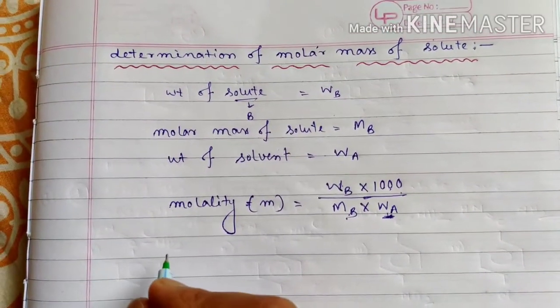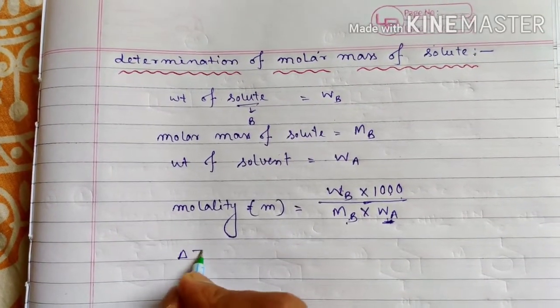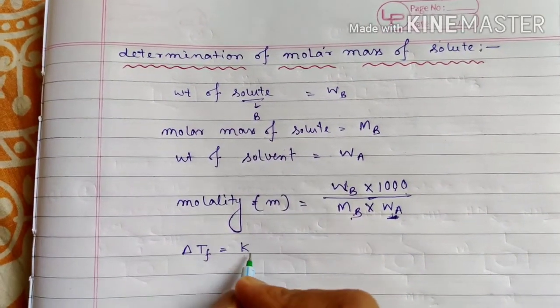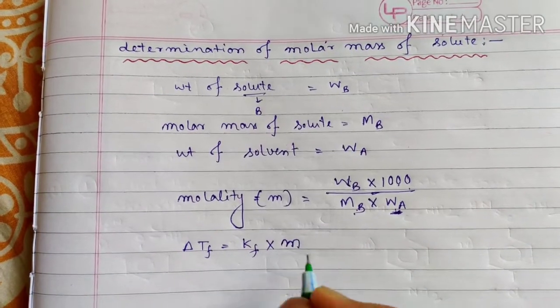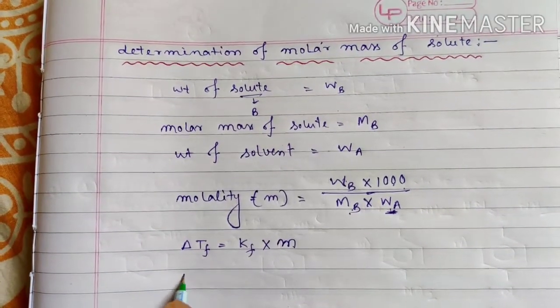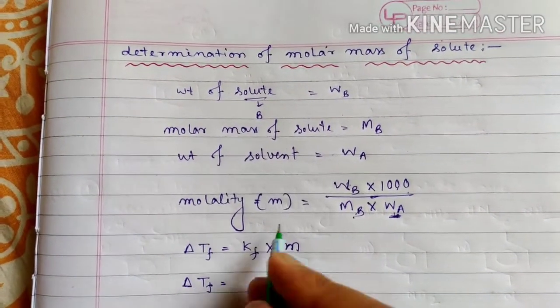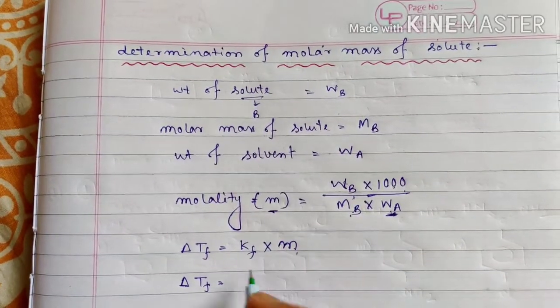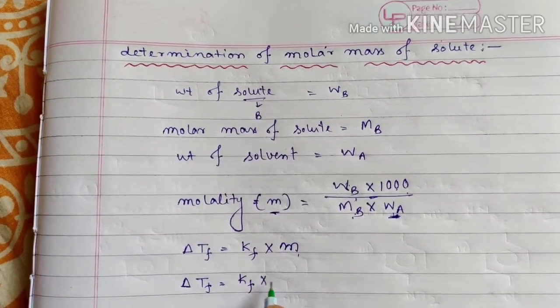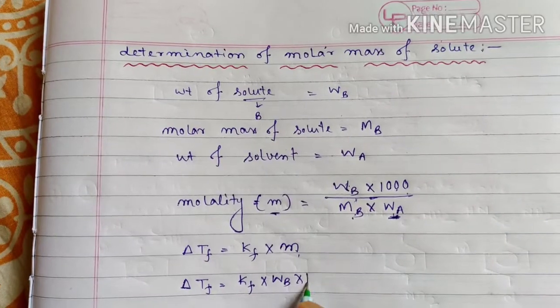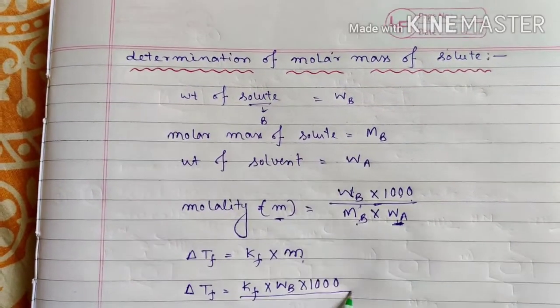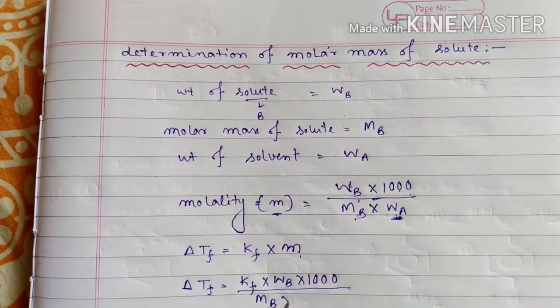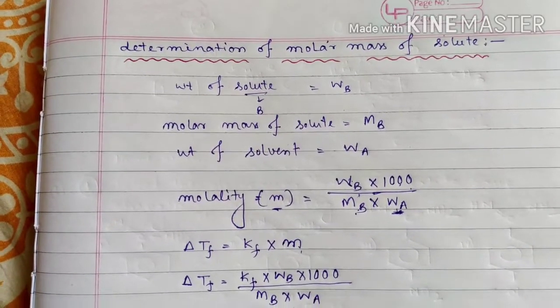Now we already know that delta Tf is equal to Kf into m. Now delta Tf, we are just writing over here, should be Kf into Wb into 1000 divided by Mb into Wa.